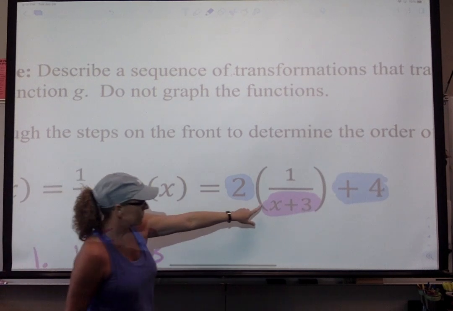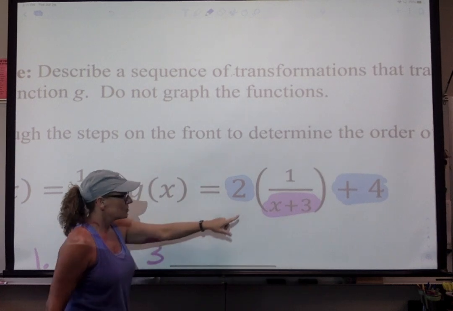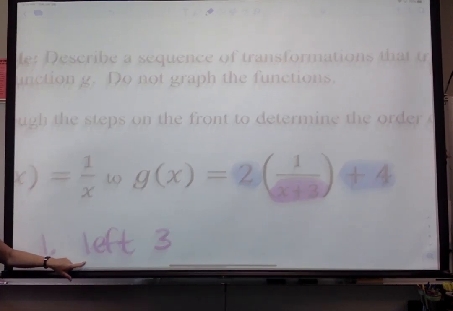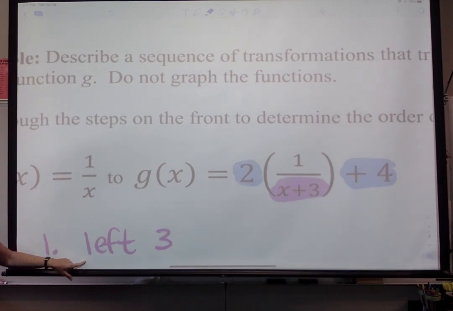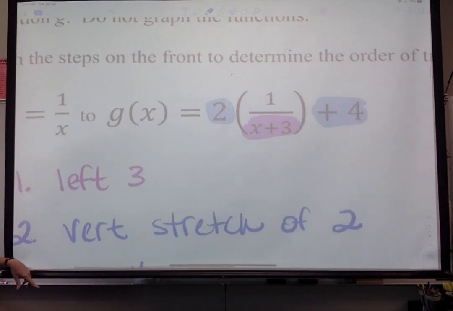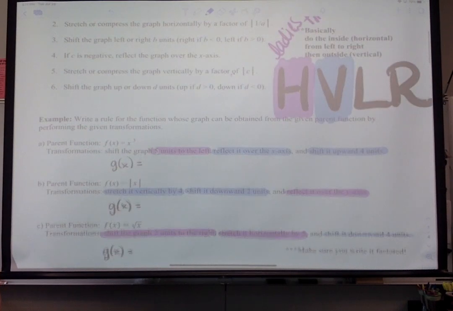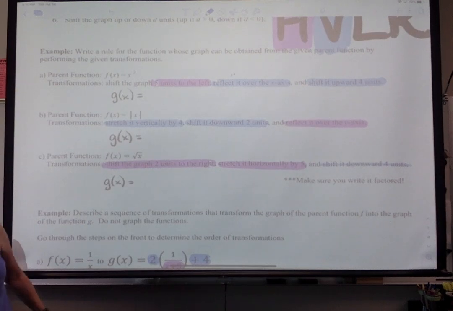Nothing needs to be factored. There's no coefficient on the x. So I'm going to start talking about this. Ladies first. And then I'm going to go blue. Moving on.